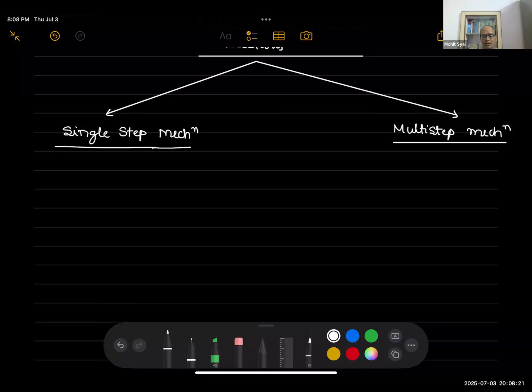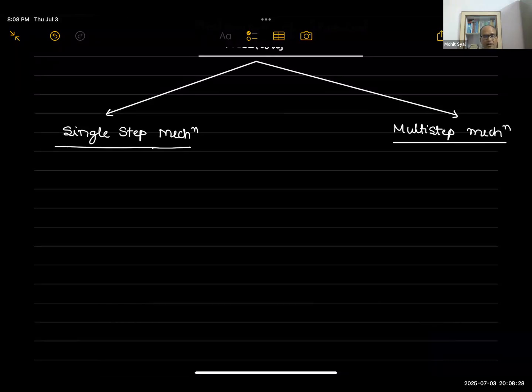Single step mechanism and multi-step mechanism. And what is the other name of this single step and multi-step? These are some common words, but as far as kinetics is concerned, they carry specific meaning.